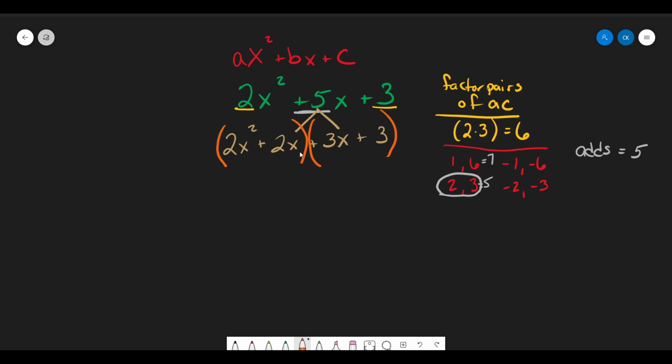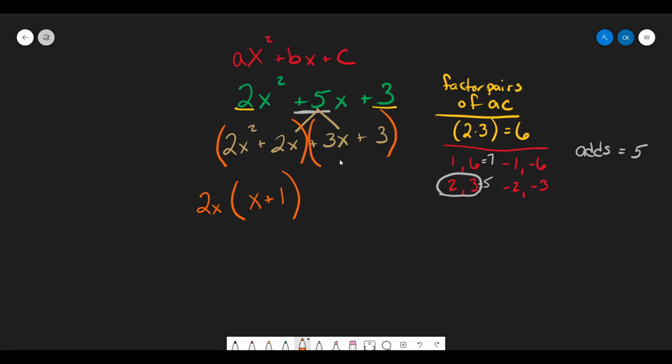The GCF is 2x. So what's left? I take 2x squared divided by 2x, which gives me x. I take 2x divided by 2x, which gives me 1.